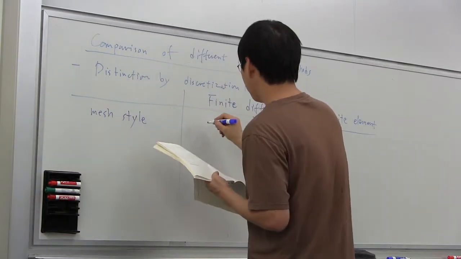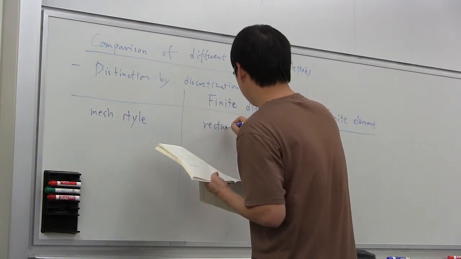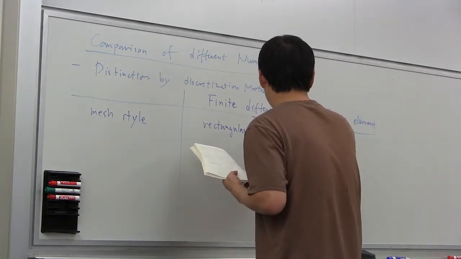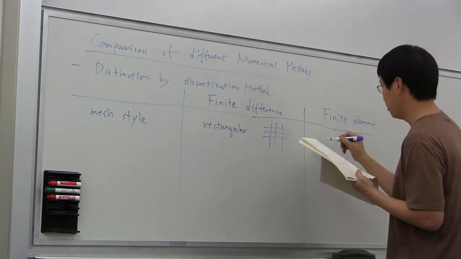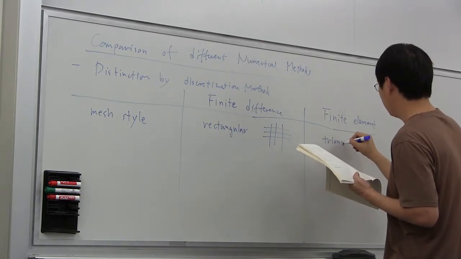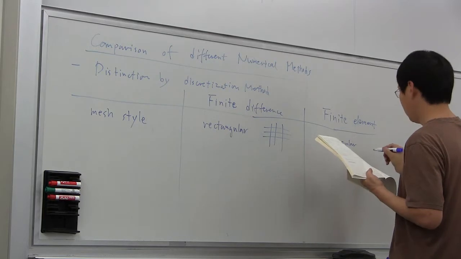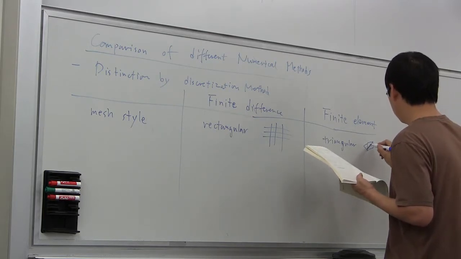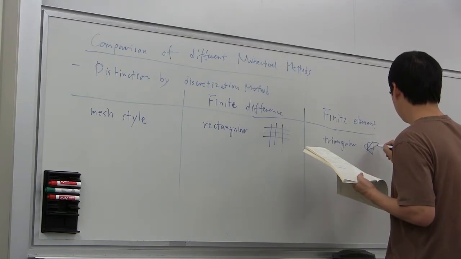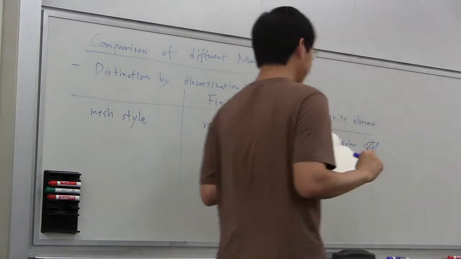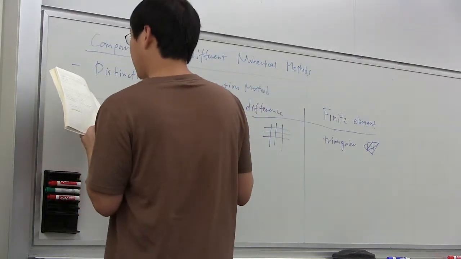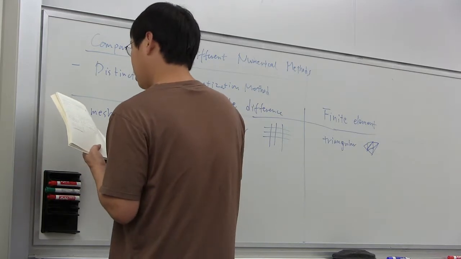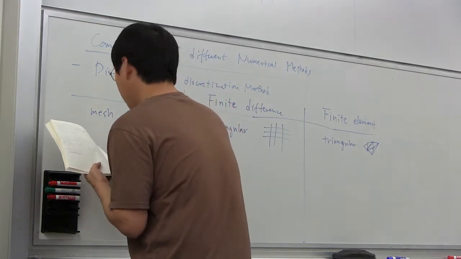The finite difference has rectangular mesh, which is something like this, and the finite element has triangular mesh, which is like this.